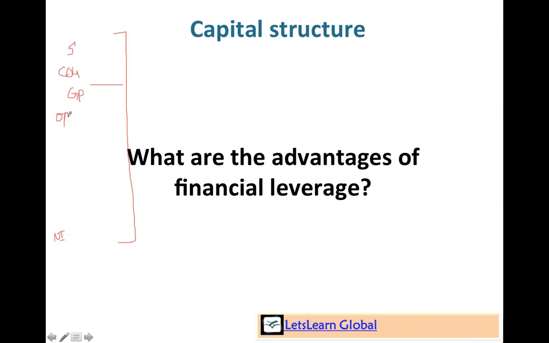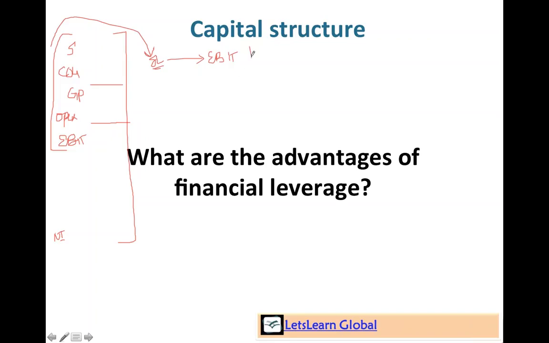Less operating expenses, you get EBIT, operating profit. Up to this point, whatever leverage you have is called operating leverage. So operating leverage has an impact on your EBIT or operating profit.